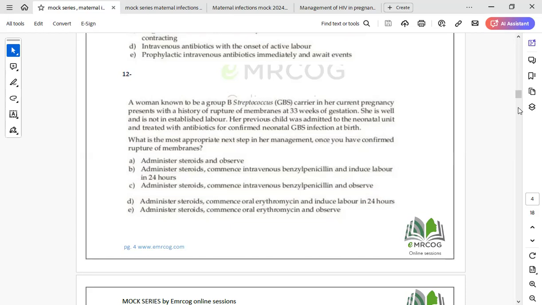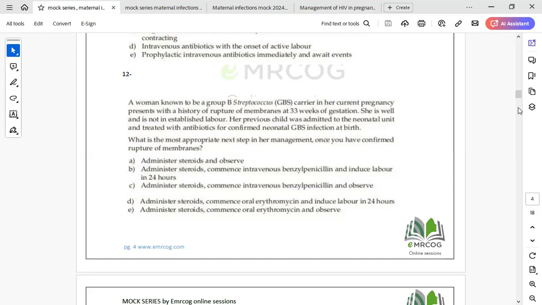Thank you for bringing us the recommendation from the guideline. IAP is recommended for women in confirmed preterm labor. This woman is not in established labor yet, and this is the trick about this question.